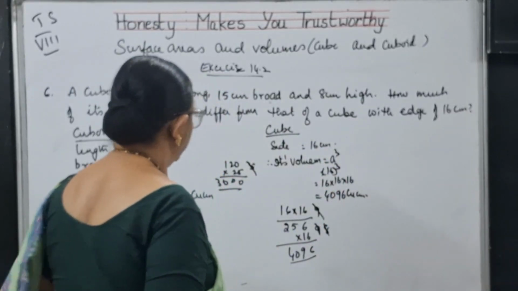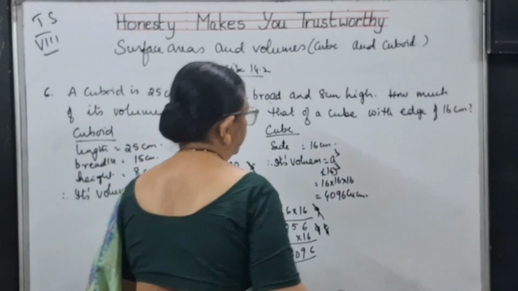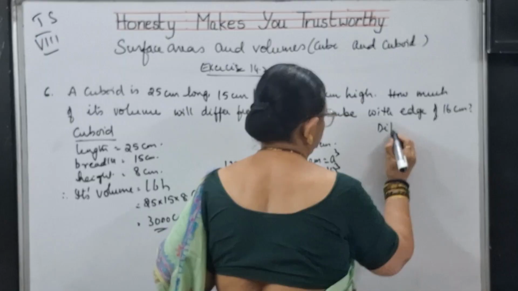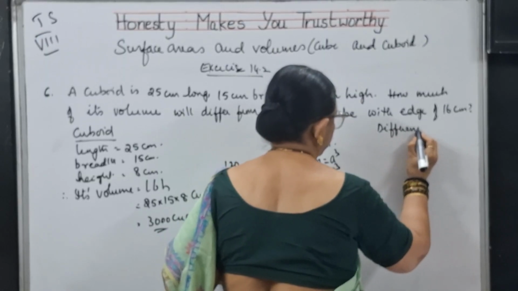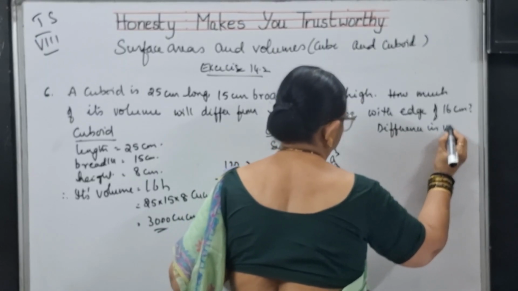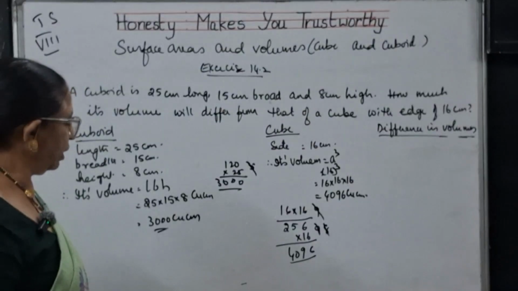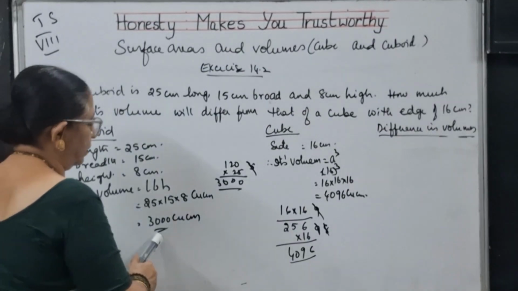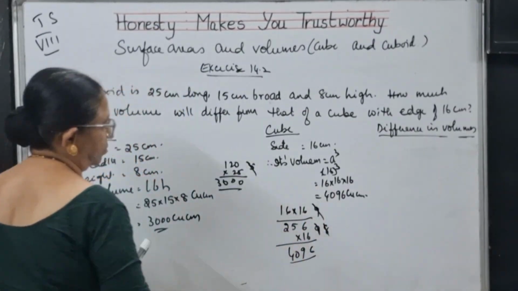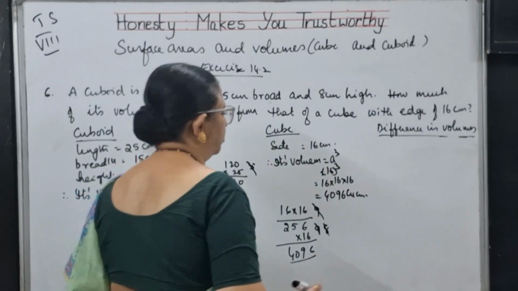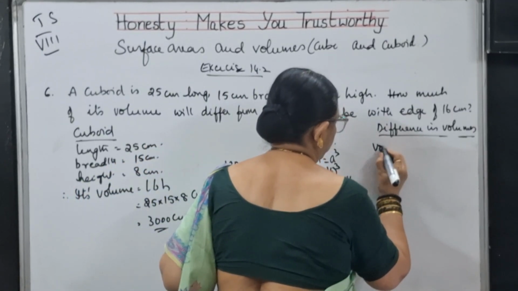Now the question is the difference in volume. To find the difference, if you see, this is 3000, this is 4096. So you have got the volume of the cube bigger, a higher value.